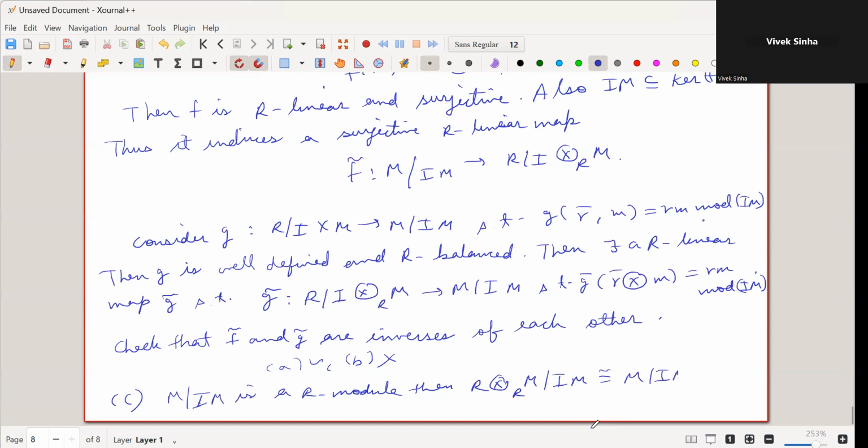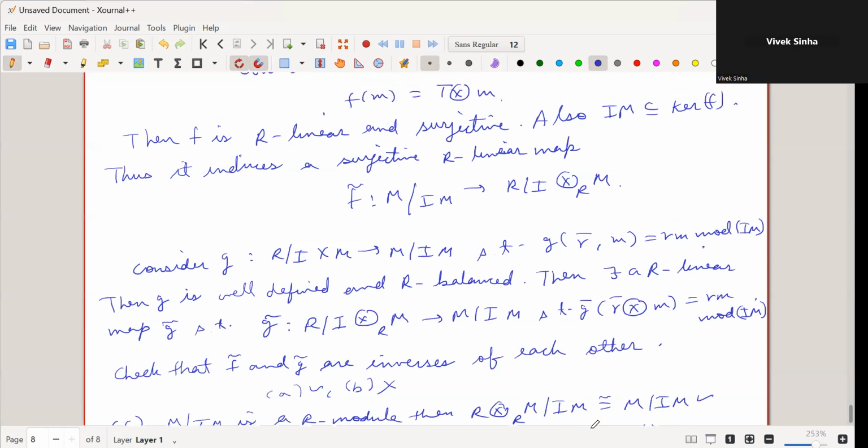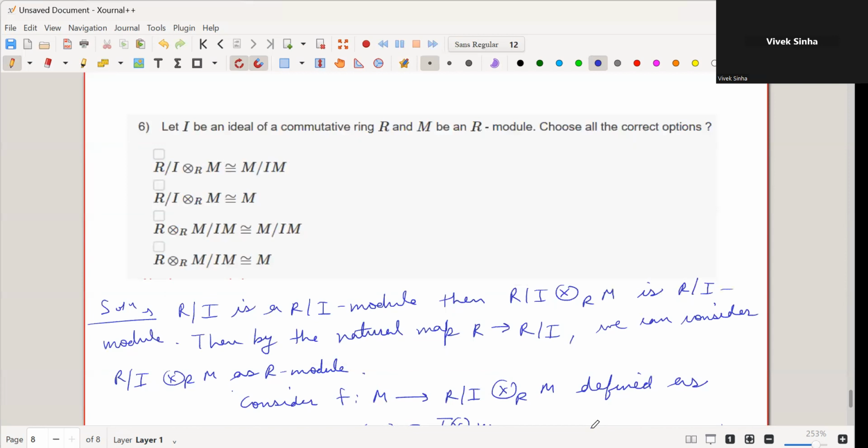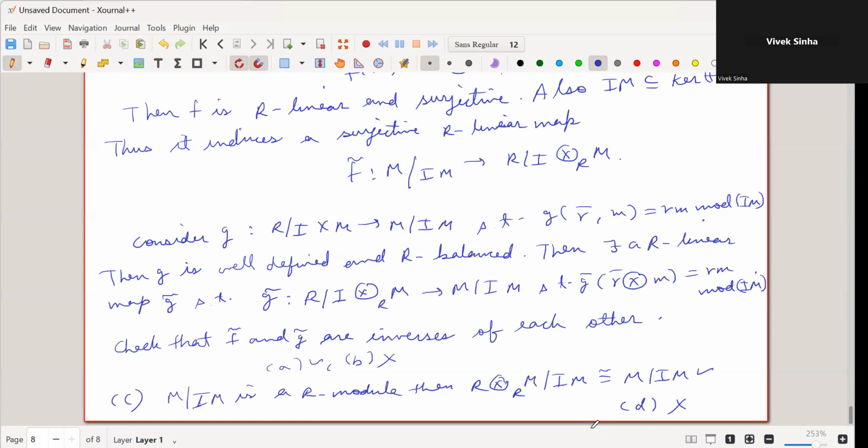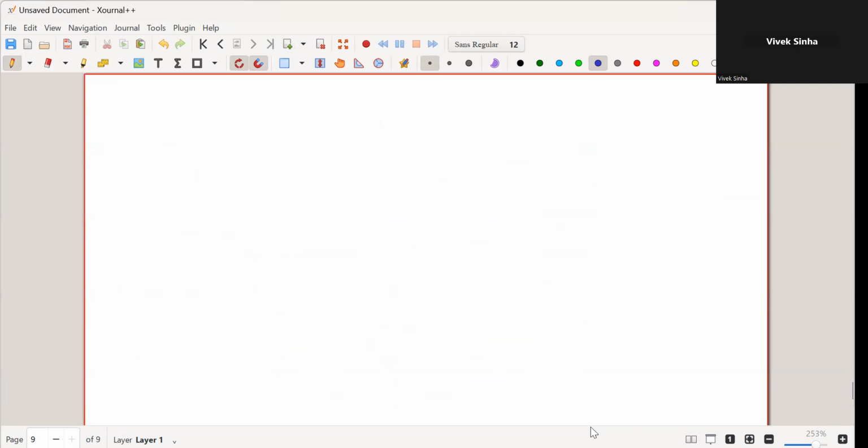So C will be correct and thus D will not be correct. So that's it. We have done 6 questions. I think I can give some hint for 7 and 8. Let me just copy paste them, and then I will give a hint in the next 2 minutes and then stop.